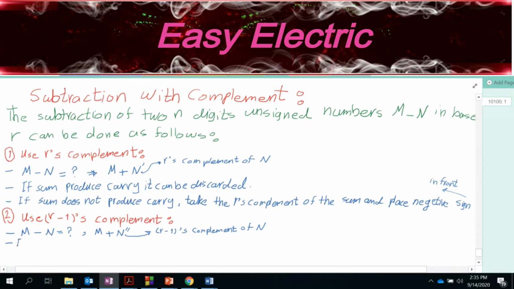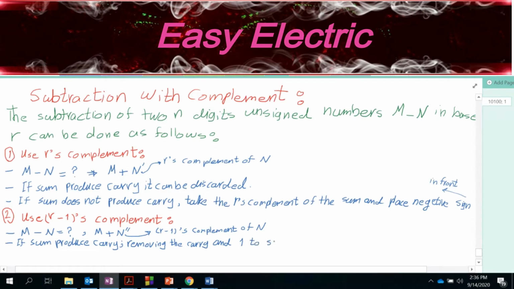So I'm writing here the same thing. The first scenario is if the sum produces carry. Produce carry means carry equals 1, okay? If this is the case, you need to remove the carry and add 1 to the sum.